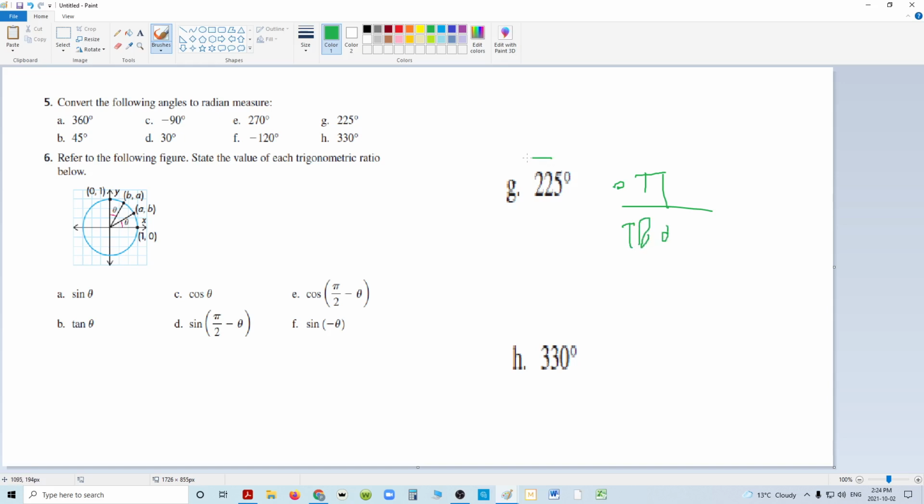Over 180. These cannot be divided easily, but I can see that they're both divisible by 5. So let's see what we get there. I get 4, 5 here, and down here I get 3, 6. Okay, I can see they can both be divided by 3. Down here I get 12, and up here I get 15.